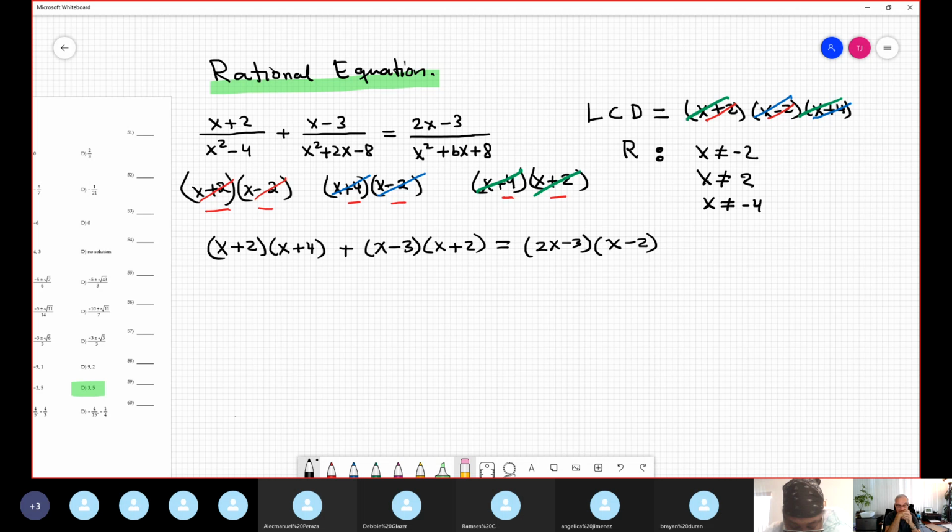The rest is mechanical. You FOIL, because it's multiplication of binomials: x² + 4x + 2x + 8. If you want, in the next line you combine later.